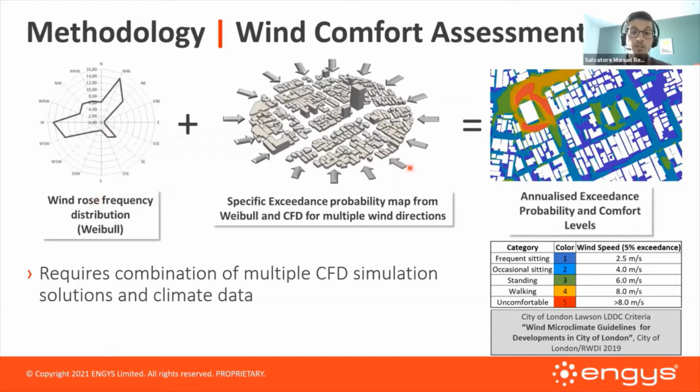The CFD is solved for multiple wind directions, usually 36, and the total probability of exceedance is calculated for each velocity threshold given by the comfort criteria. After that, exceedance probabilities are combined together based on the comfort criteria to obtain comfort plots. The comfort plots tell the suitability of an area based on the wind condition, so the activity suggested for each area.